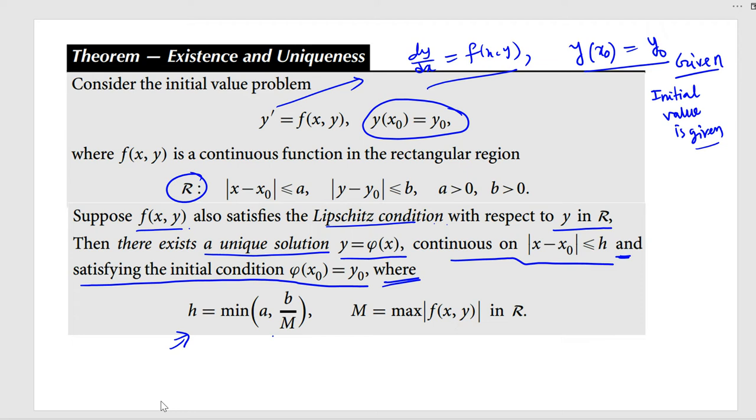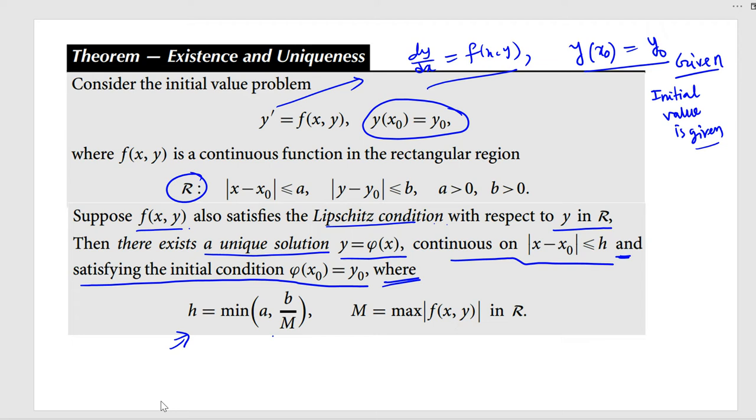So if we don't know the existence of the solution, for example, if you get the differential equation without knowing the existence and you are going to solve this problem, then you may lead to a wrong direction. So that is why for any equation you solve, you must know the existence and the uniqueness.